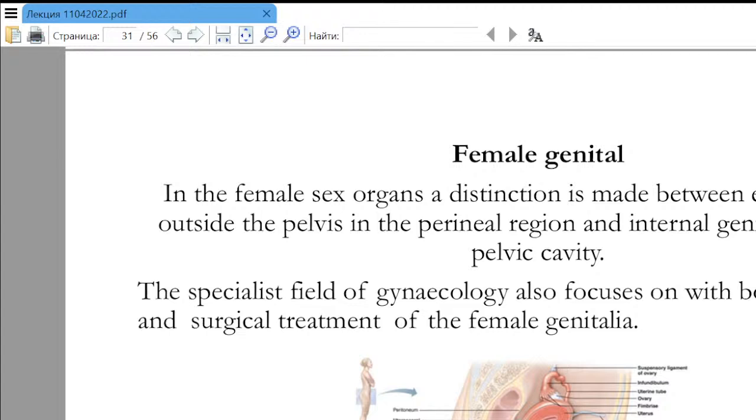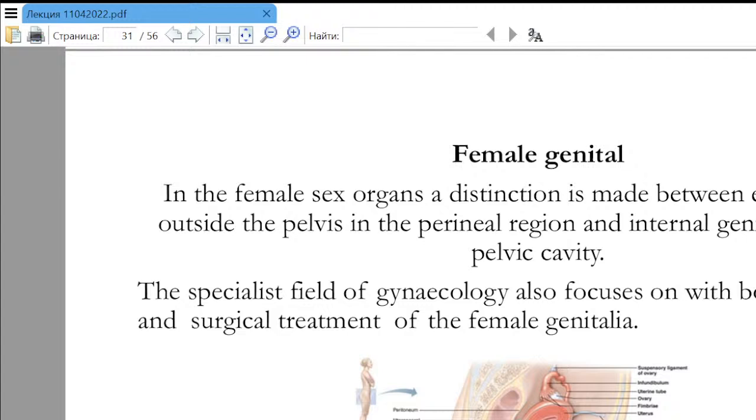Next topic, female genital. In the female sex organs, a distinction is made between the external genitalia outside the pelvis in the perineal region and the internal genitalia within the pelvic cavity.